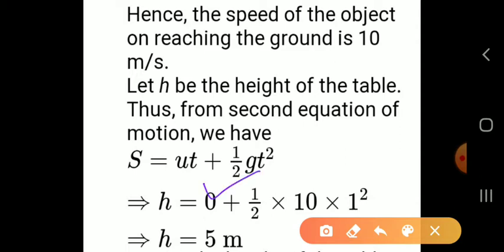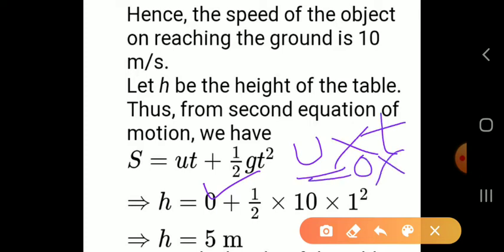Again u is 0, so u into t will be equal to 0 here. So half gt square, half into g, which is 10 because it is already given in the question, into t square, which is 1 square. So 10 will go in the numerator, divided by 2 it will become 5. So height will be 5 meter. This is your answer for the E question.